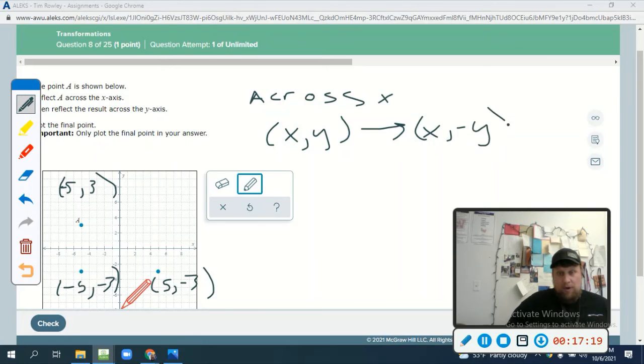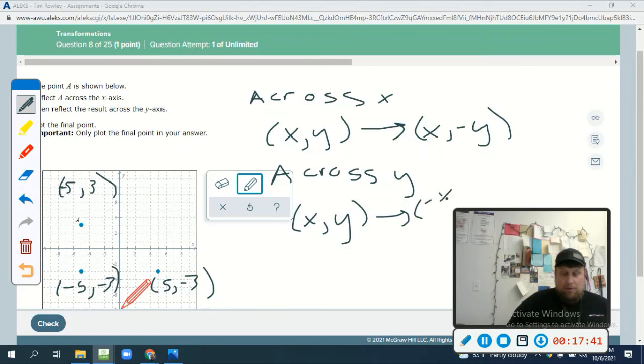It's the opposite of whatever the original y value was. And if we're going across the y, it takes that x, y point and changes it. Remember, it doesn't affect the y, but it changes it to negative x, y.